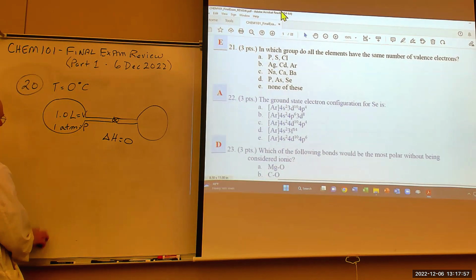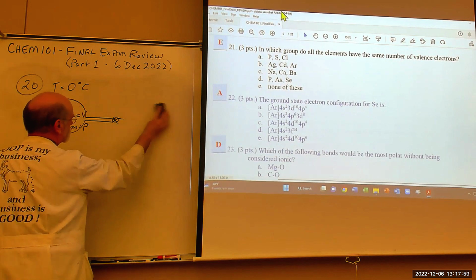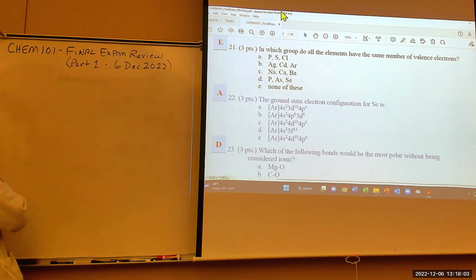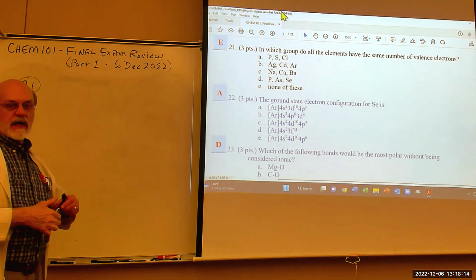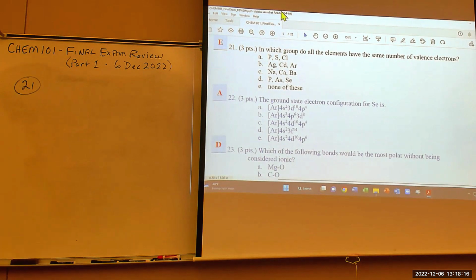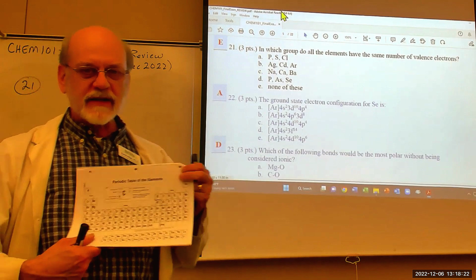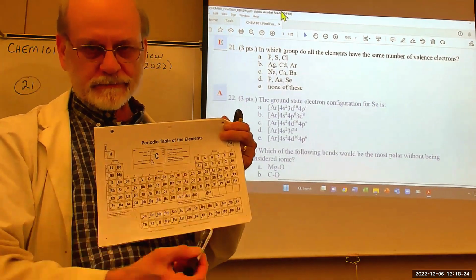All right, 21. In which group do all the elements have the same number of valence electrons? You need your periodic table again. Elements with the same valence electrons will be in the same group.